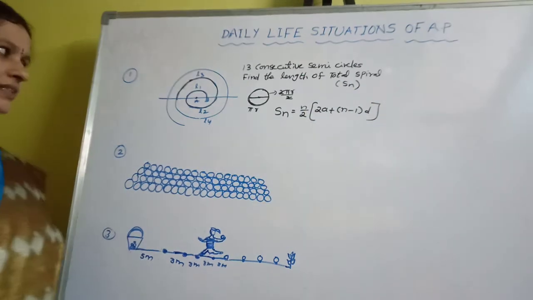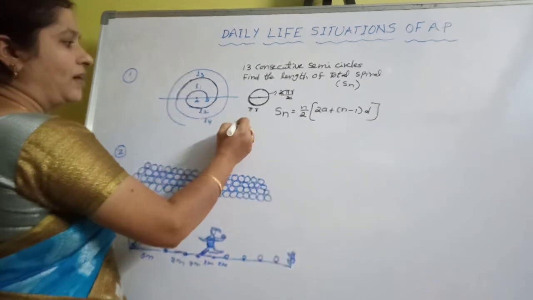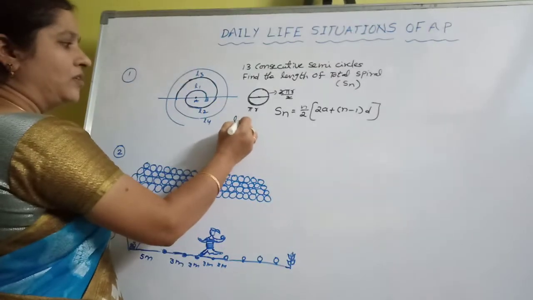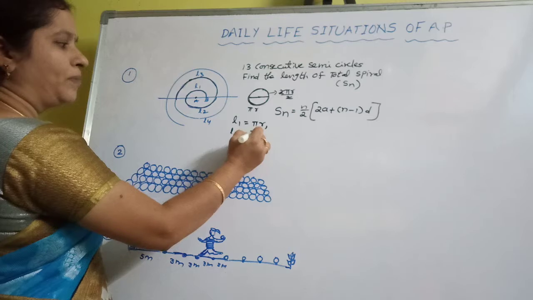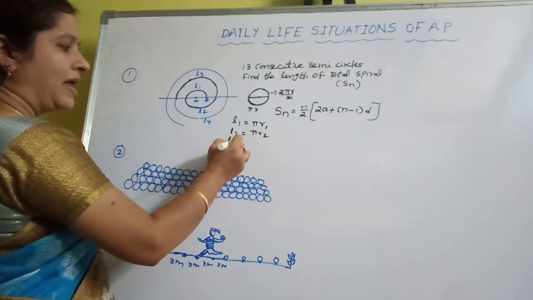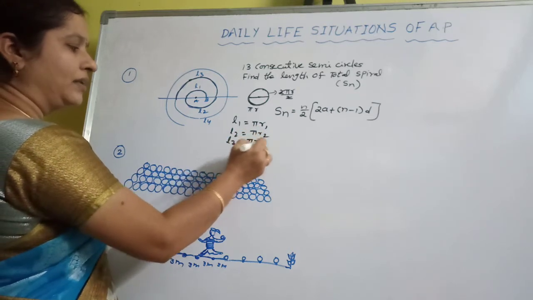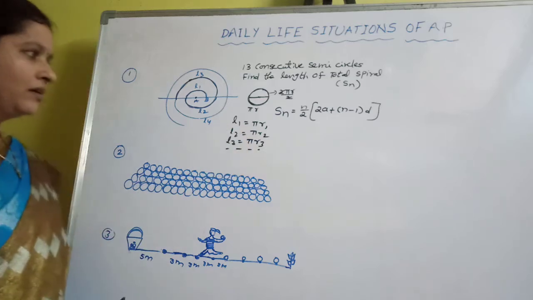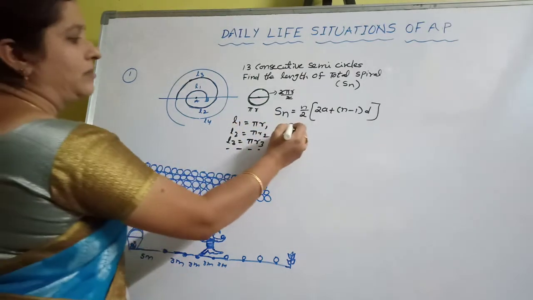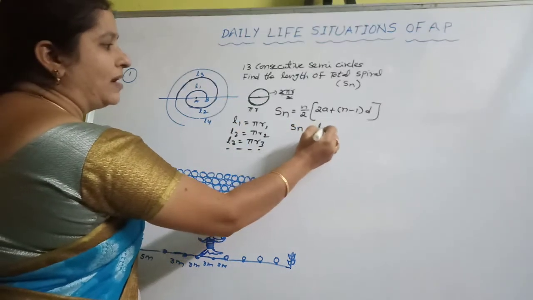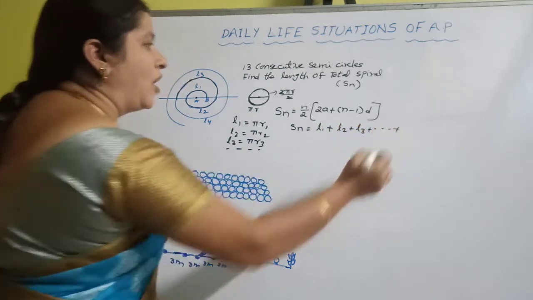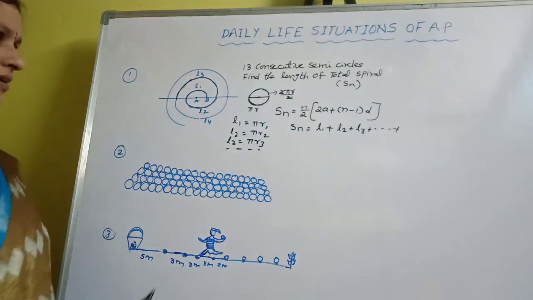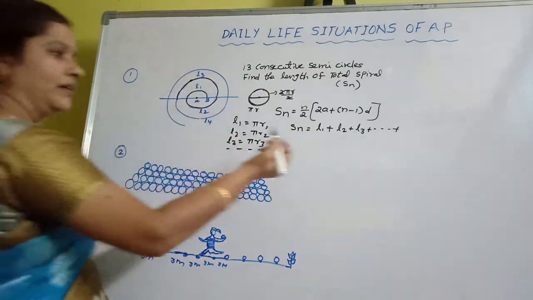So how is the series in this figure? What is the formula for L1? L1 equal to pi R1, L2 equal to pi R2, L3 equal to pi R3, etc. So total length means L1 plus L2 plus L3 and so on. How many semicircles are here? 13 semicircles are here.